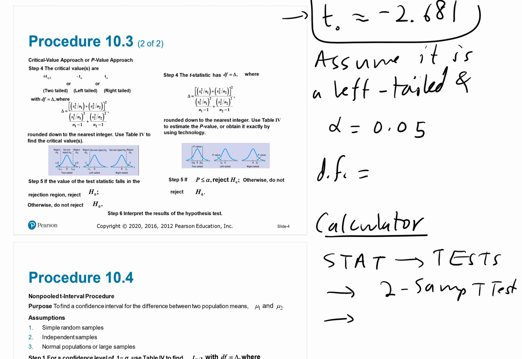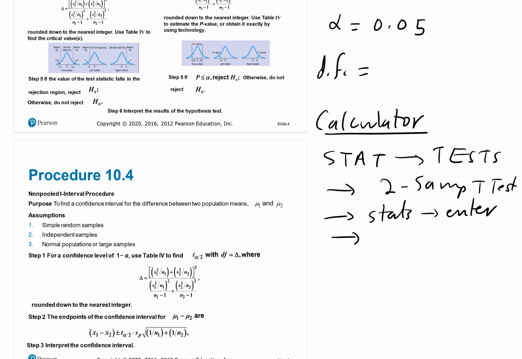Then, we don't have data given. You see the input is either data or stats. It's stats. Stats means the information they give us up there. And hit the enter key. Then you're going to enter the data in x1, sx1, n1, x2, sx2, and then scroll down to where it says mu1.